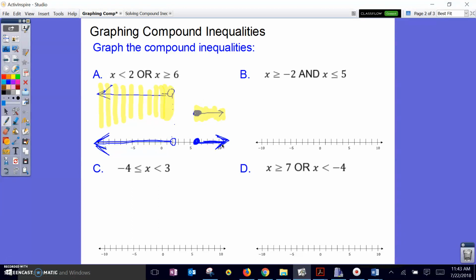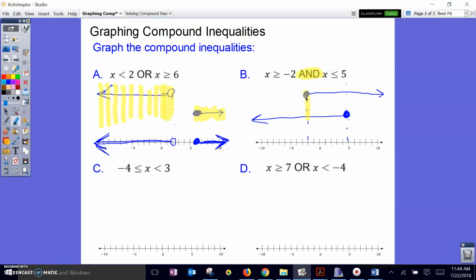Let's look at the next one. x is greater than or equal to negative 2, which looks like this, and x is less than or equal to 5, which looks like this. Now in this graph, we only want where both of them are true, since it's an "and."